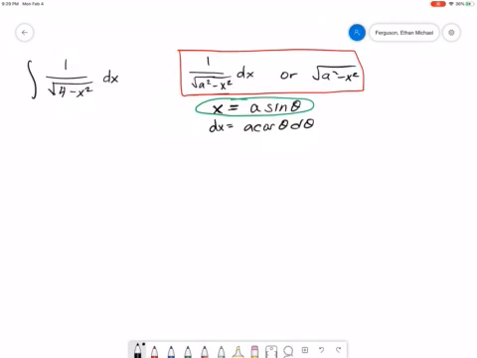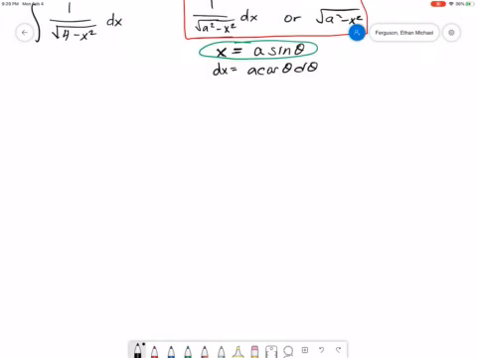The next form I want to show you is if you see the form of 1 over square root of x squared minus 4 dx. Now this looks very similar, but you're going to use a completely different trig substitution.